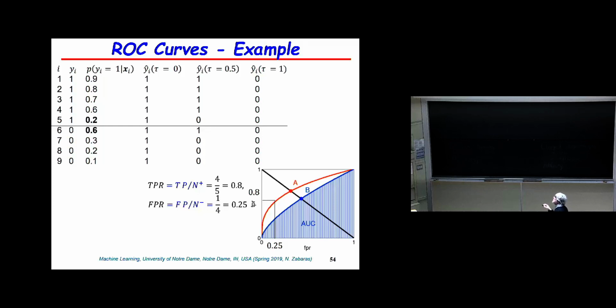All of them. If tau equals 1, none of them. So let's take somewhere in between, and I make up some numbers. Let's pick one of those. The false positive rate is the false positives divided by the true negatives. How many true negatives do I have in my problem? What is n minus? True negatives.